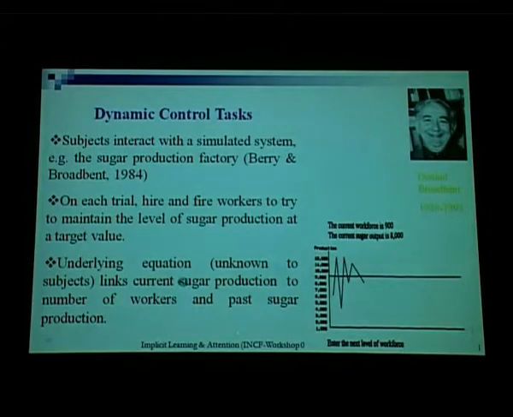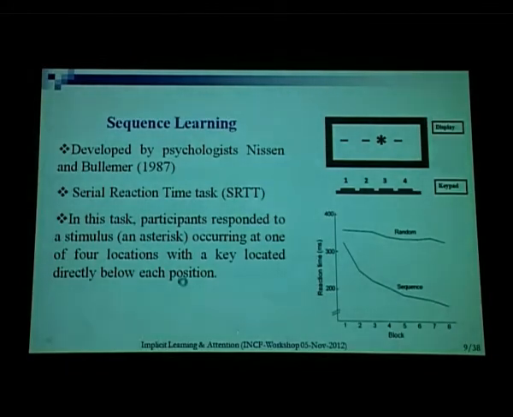They can pretty much guess, but they cannot articulate it at the end of the task, yet they show behavior which mimics this equation that governs the relationship between the production and the number of workforce, for example. So these are called dynamic control tasks. This is another paradigm used for studying implicit learning.